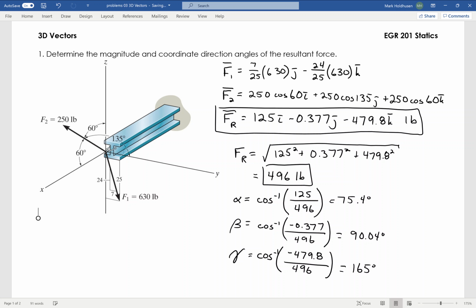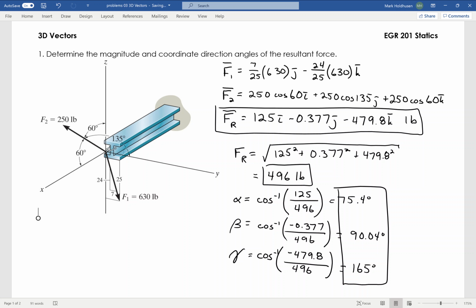Now, yes, that's the answer for that resultant force, but you tell me which would be easier to draw. For me, the Cartesian form would be easier to draw. I'd be better at drawing that than the other one. So for example, let me draw it right up here.